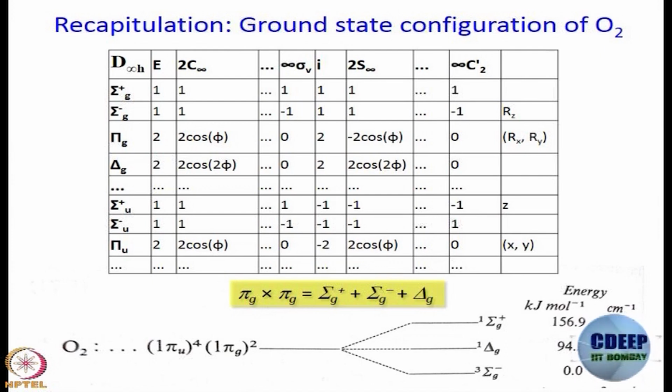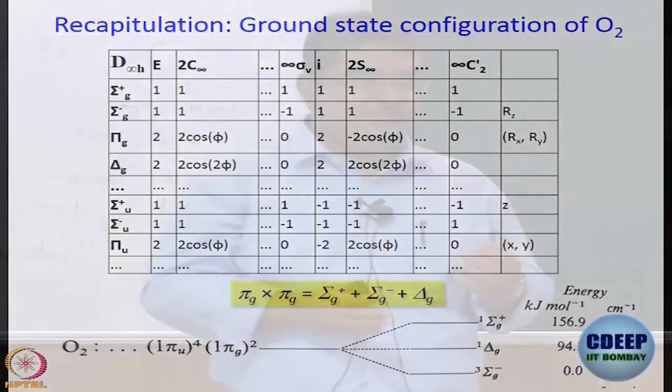And secondly, we had said that of course, transitions between them would be spin forbidden, but still there can be a little bit of transition, because you can have spin orbit coupling, which ascribes a little bit of allowedness to even spin forbidden transitions, and that is why we said in liquid state oxygen has a faint blue color.